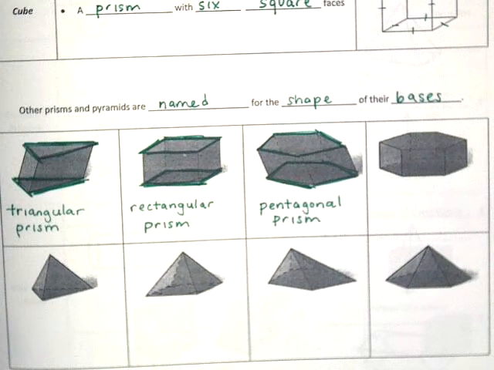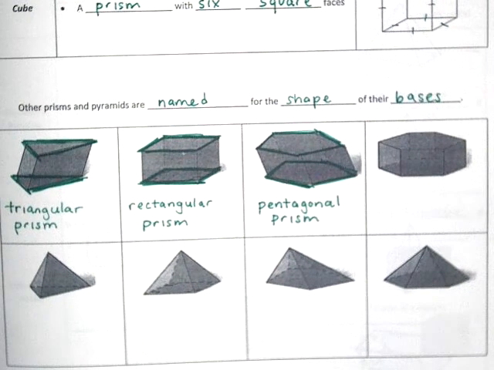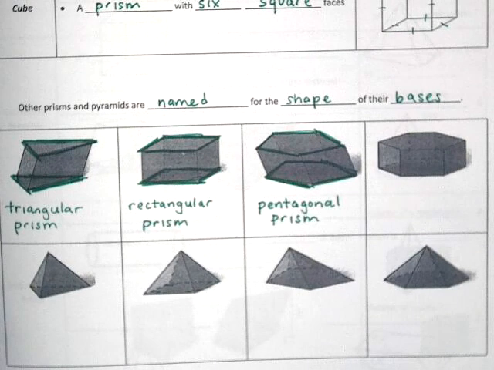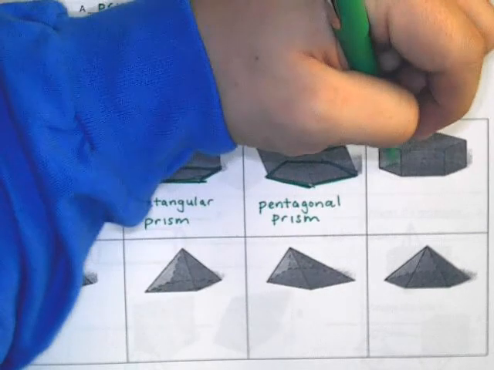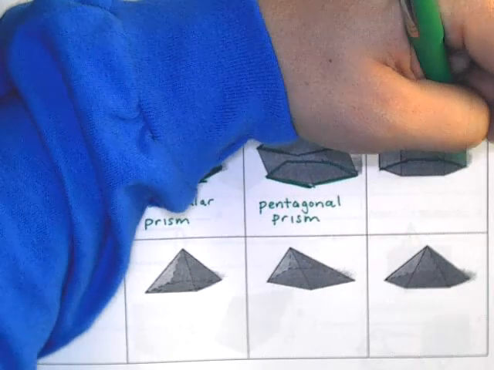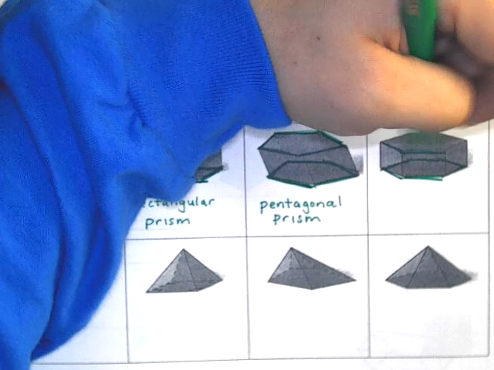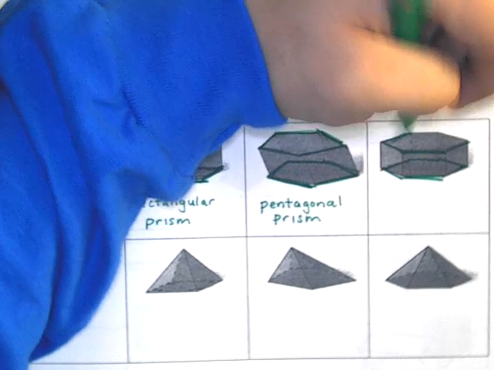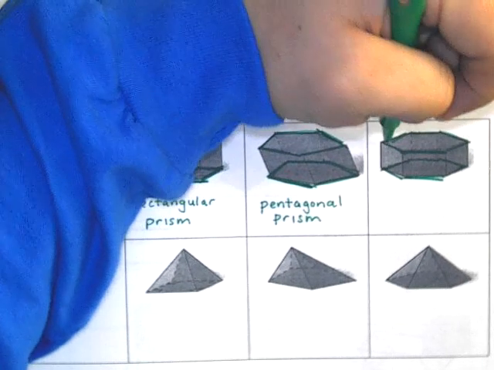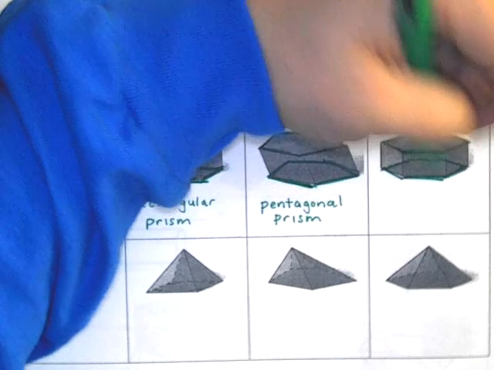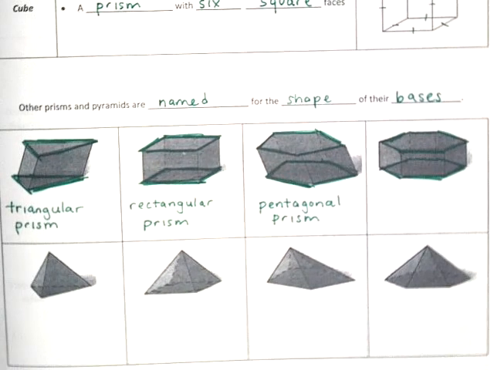So we have to re-examine and look for two bases that are both parallel and congruent. Hopefully we're getting the hang of this, and we can see that we have, again, bottom and top shapes that are congruent and parallel.